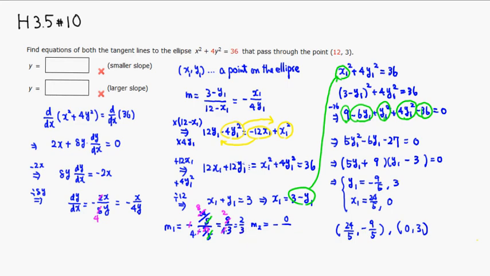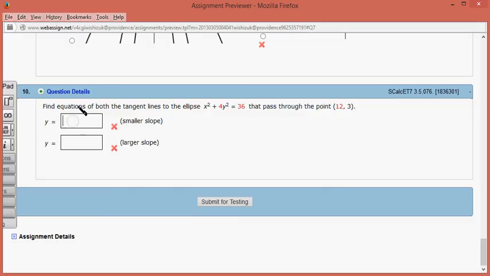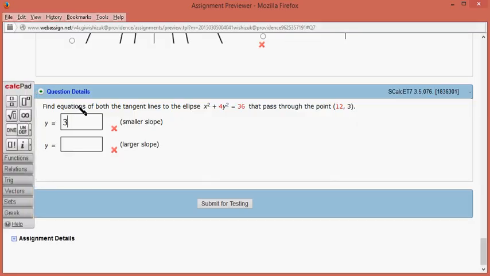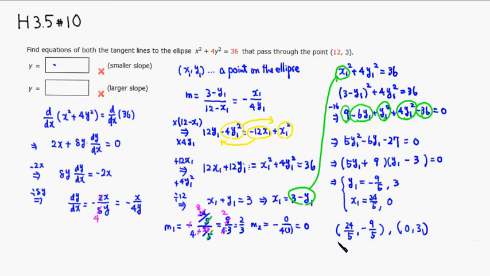Here it's 4 times 3, which is not going to really matter, so the slope is 0. So the first equation has slope 0, which means that it's just a horizontal line, so y equals 3. So y equals 3 is the first equation. The second equation has slope 2/3. So I'll plug in slope, oops, sorry, that's not the right one.